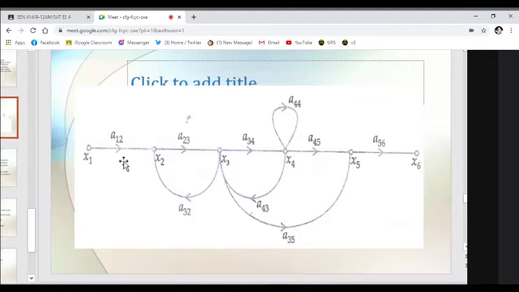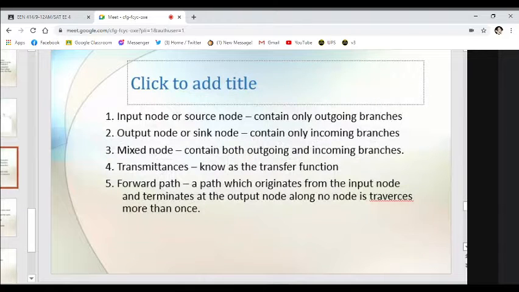Ang transfer function, ito yung mga nasa taas. A1, 2, A2, 3, yan. So those are transmittances. Kung ang tawag sa block diagram ay transfer function block, ang tawag sa signal flow graph ay transmittance. Okay? Forward path, a path which originates from the input and terminate at the output node.